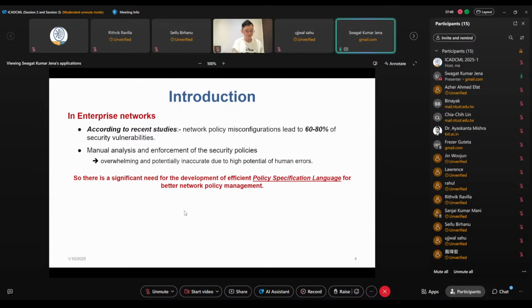We need languages using which we can express the policy so that it will be helpful for the administrators and policy makers, so that conflicting policies get reduced.